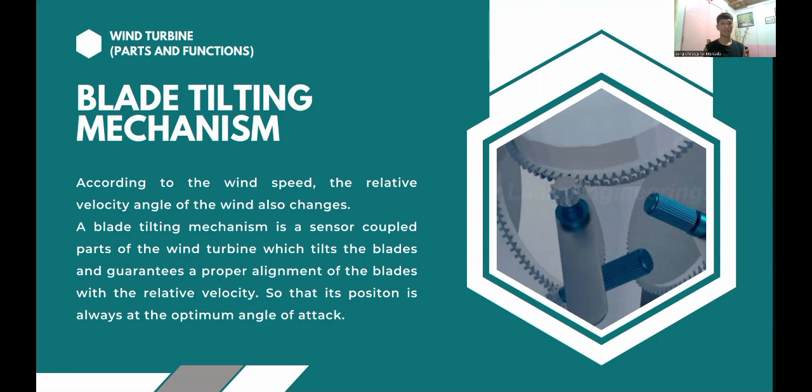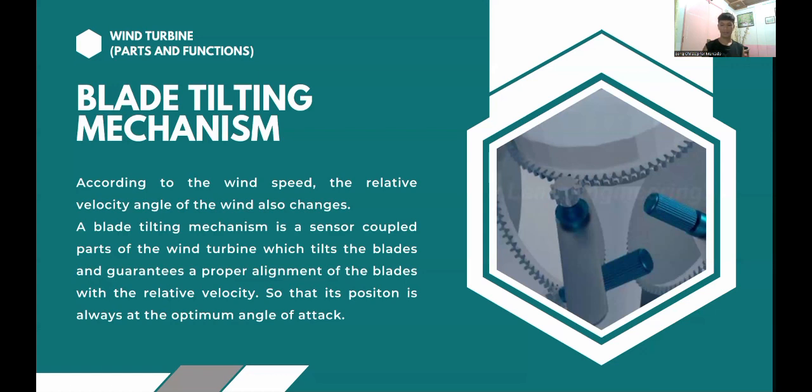So dito, ayon sa bilis ng hangin ay nagbabago din yung velocity angle of the wind. So ang blade tilting mechanism ay nagsisensor ng wind para ma-align niya yung mga blades kung saan yung tamang alignment para tama din yung pag-ikot.